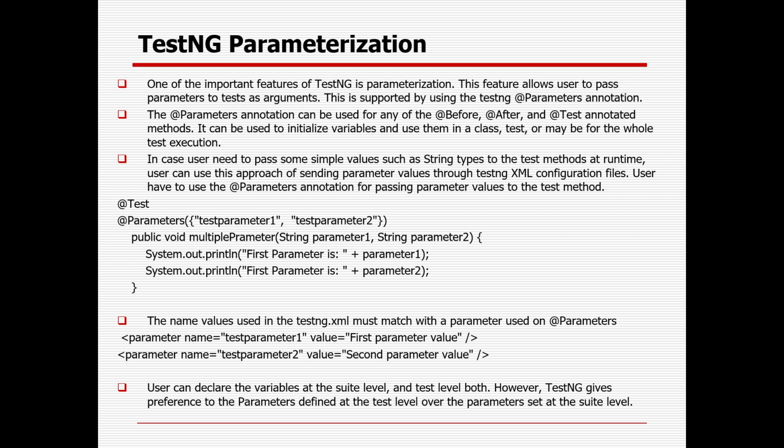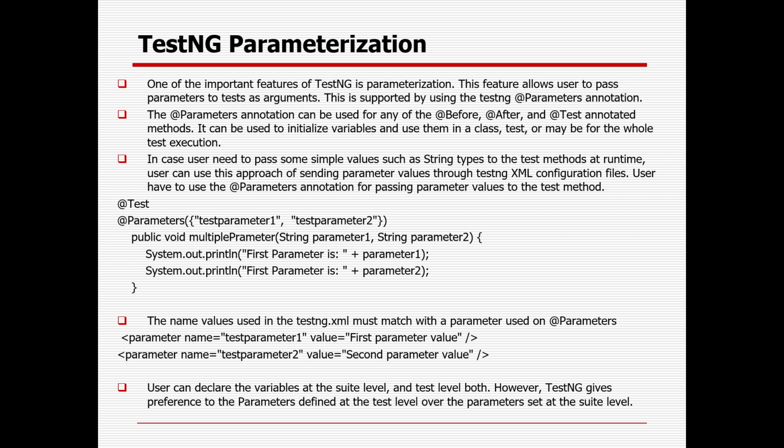One of the important features of TestNG is parameterization. This feature allows the user to pass parameters to a test as arguments. This is supported by using the TestNG @Parameters annotation. The @Parameters annotation can be used with any of the @Test, @Before, and @After annotated methods as well.